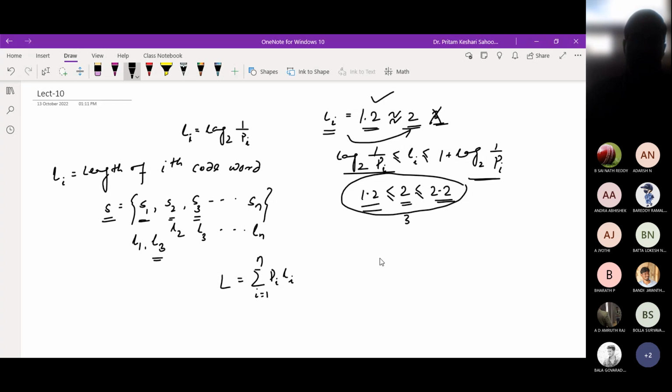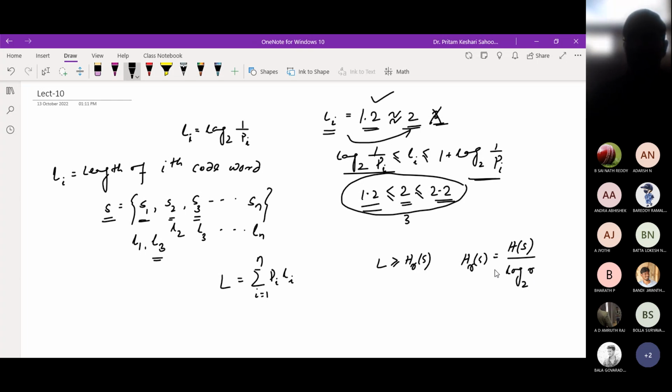Okay, so always the average length L is greater than or equal to H_R of S, where H_R of S is equal to H of S divided by log base 2 of R. So what does that mean?